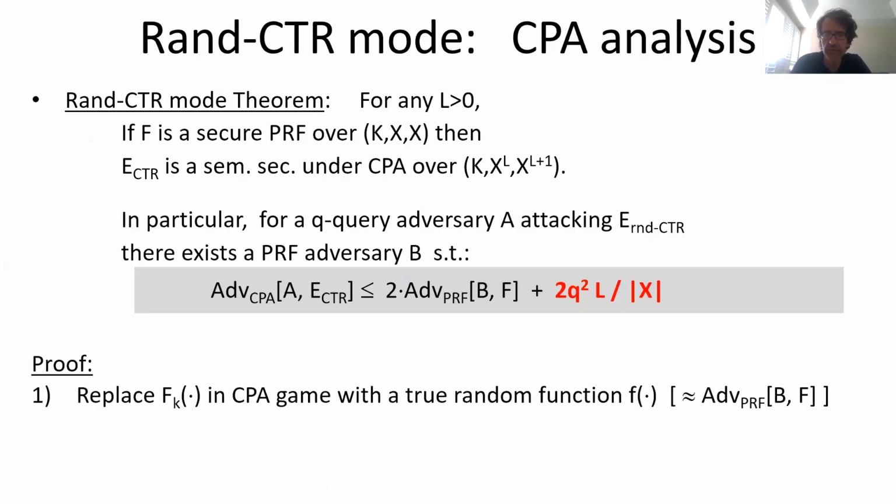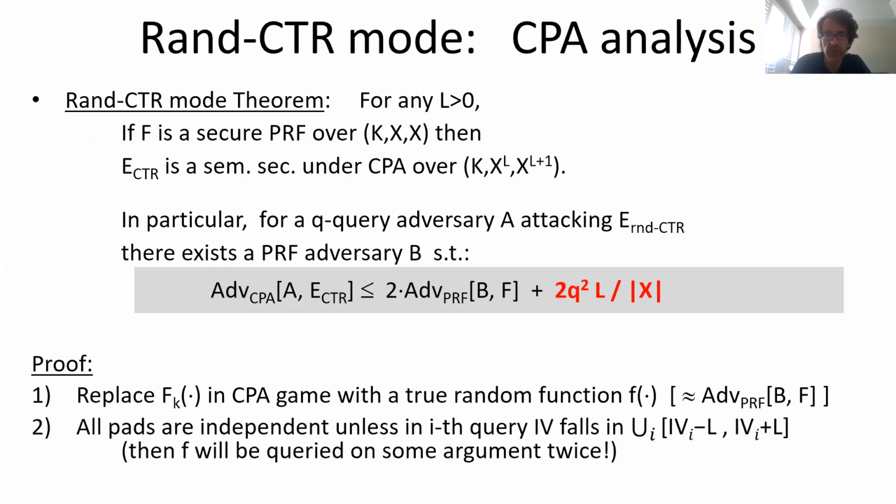So the proof again will be: change the F_K with a truly random function, and this basically takes care of this part. And now look at the probability that the range of counters, starting from IV and ending at IV plus L, falls into the union of the previous counters.